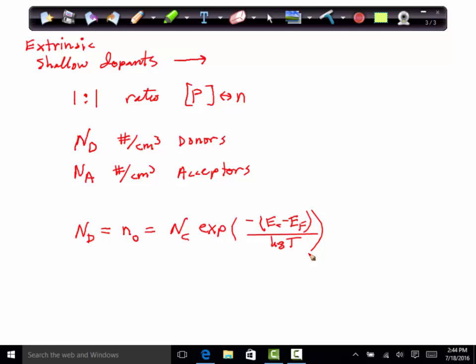So we can quickly compute where the Fermi energy is from this equation. If we're given ND, we can solve for EF, and vice versa.